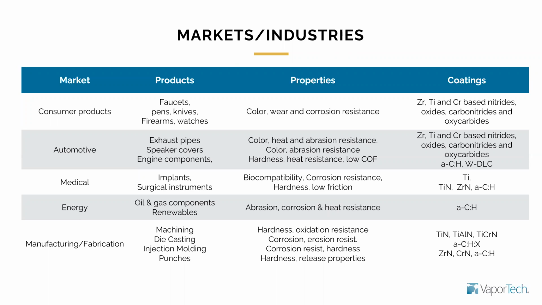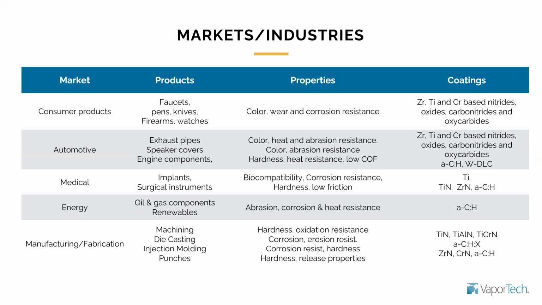A lot of consumer products that we use on a daily basis do have coatings. The faucets that you have at home, some of them just have a chrome plating on top, but many of them that have a slightly different color will most likely have a PVD coating on top. Sometimes that can be an organic type of coating, but in many cases, if it has a metallic look, it's going to be a PVD coating.